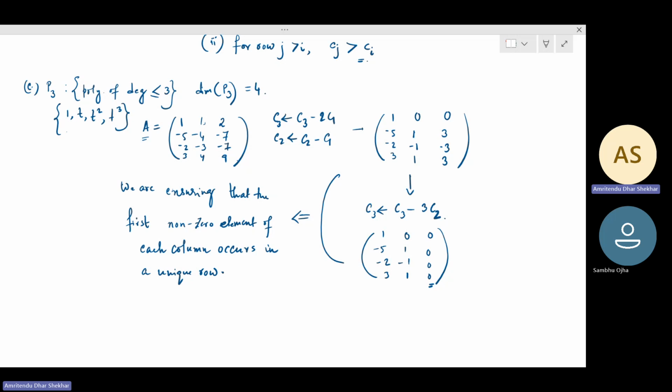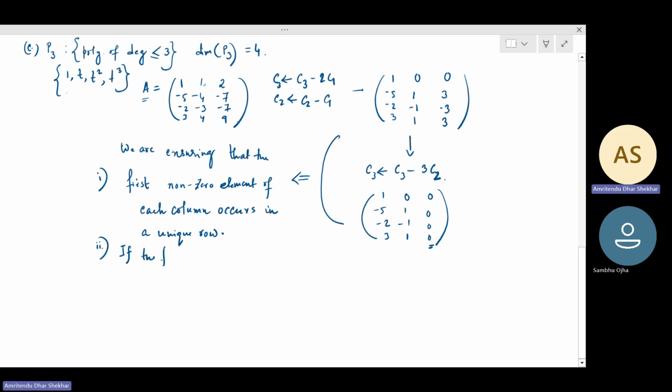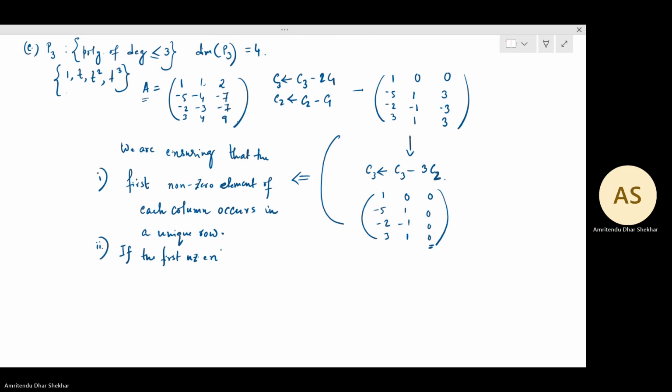We also have, exactly the same as in the row echelon form, the second point: if the first non-zero entry of a column Ci occurs in row j, then for all k greater than i, the rest of the elements are all equal to zero.